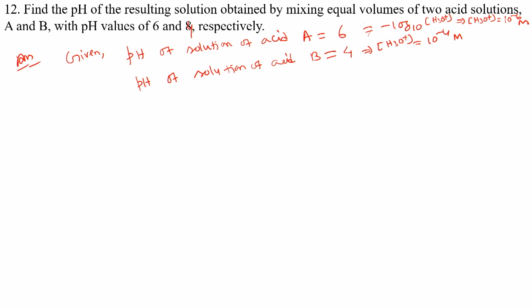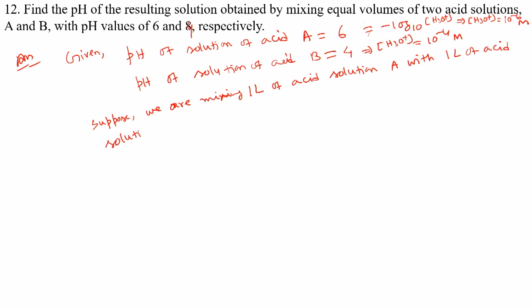Now we are mixing equal volumes of two acid solutions. Suppose we are mixing one liter of acid solution A with 1 liter of acid solution B, because equal volume we are mixing.